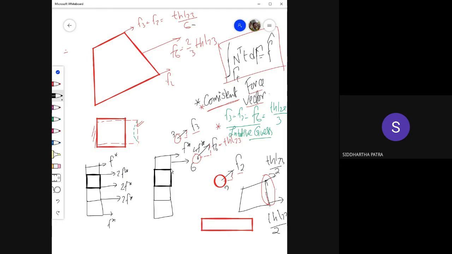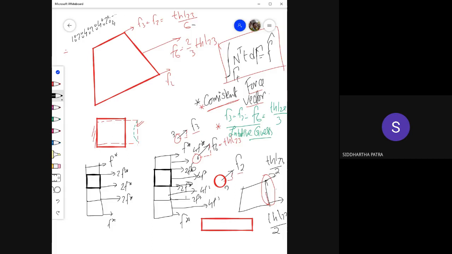Now this corner node is associated with two elements, so here you will be having 2F star. Then again 4F star, 2F star, 4F star, 2F star, 4F star, and eventually F star. So it would be in the ratio 1 is to 4 is to 2 is to 4 is to 2 is to 4 is to 2.